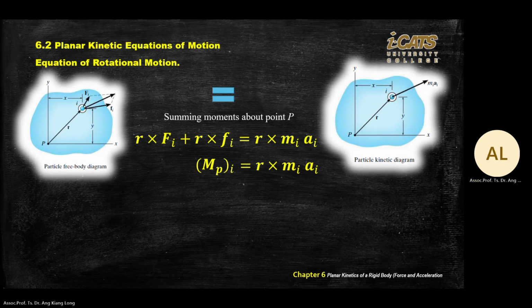So this one is MAX. This is MAY. So to create moment, you must have a force multiplied by the perpendicular distance of the force.